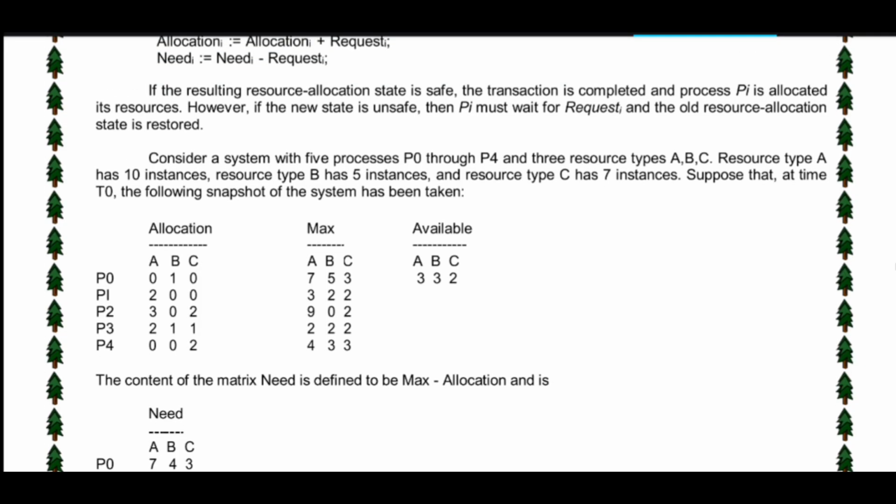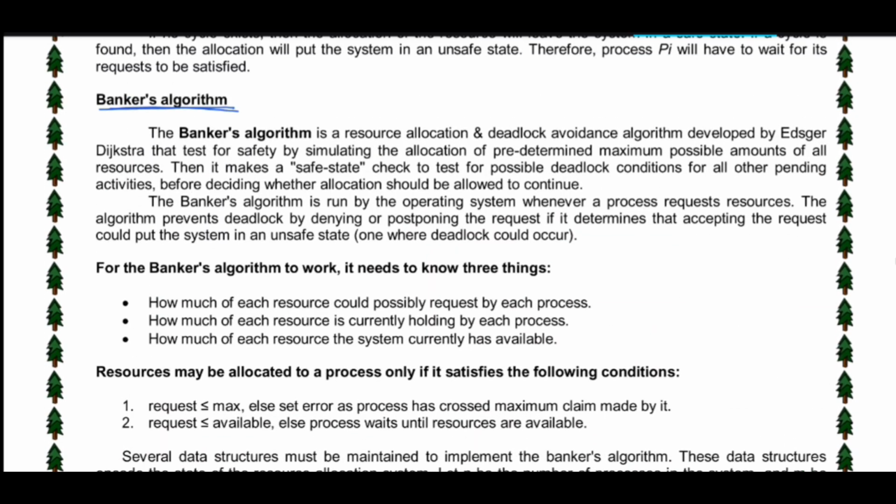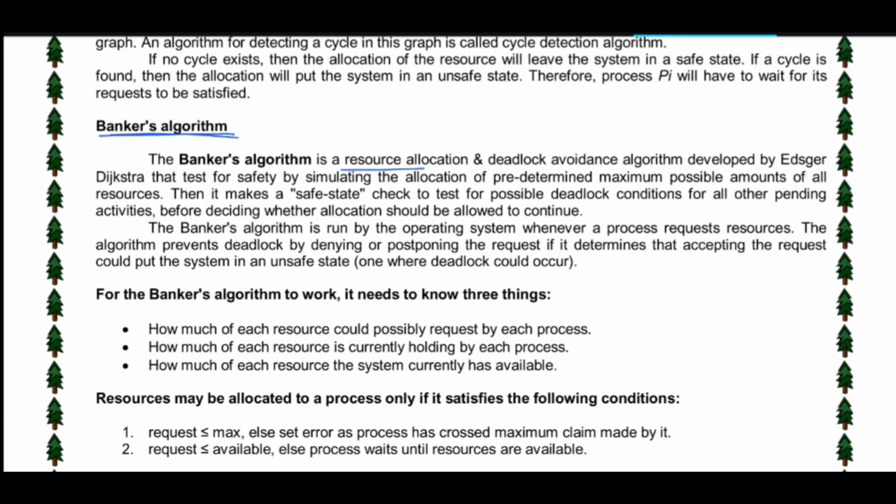It's a resource allocation and deadlock avoidance algorithm developed by Dijkstra that tests for safety by simulating the allocation of the predefined maximum possible amounts. In summary, matrices or tables are maintained that store how many resources are allocated, how many resources are needed by each process, and how many resources are available.